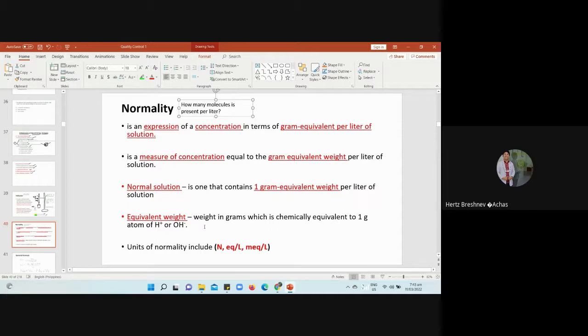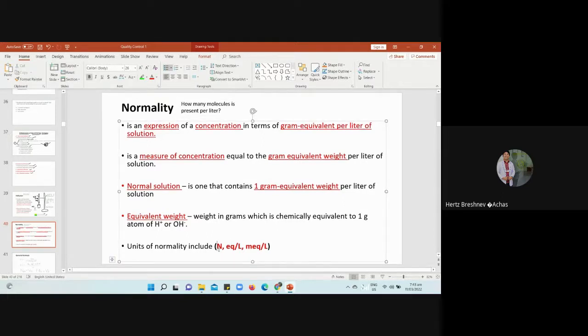And these are the units: N or equivalent per liter, or MEQ per liter. So you observe there is a per liter. And the MEQ there is sort of a unit of how many molecules are present.